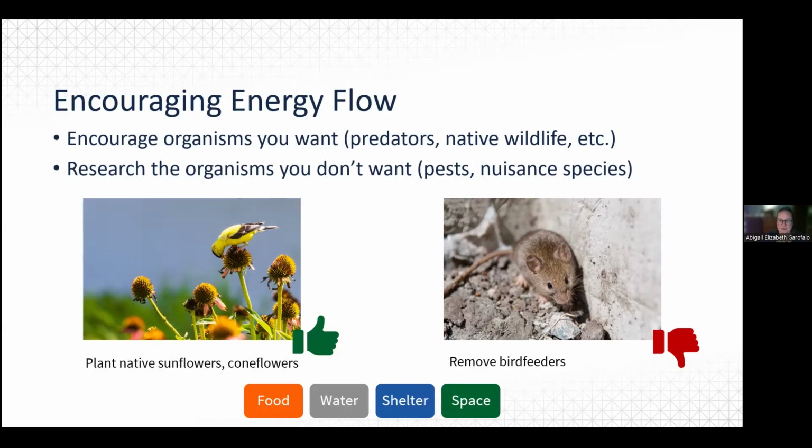But I don't want mice in my house, and it is a problem that I have. One thing we've discovered through research, and exterminators will tell you this too, is that bird feeders are a big contributor to mice populations because it's an open food source for them. While planting native plants that provide the seed for the goldfinches you want, or the other birds that you want, aren't as open of a food source.